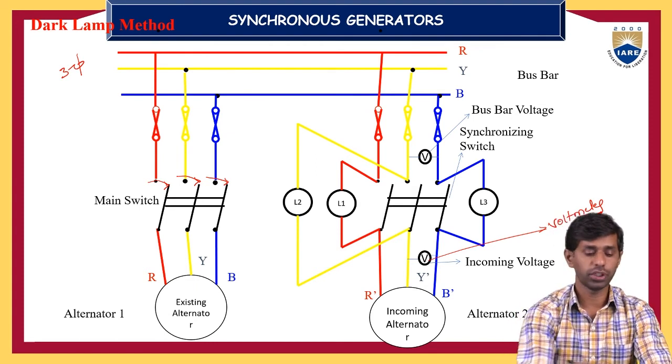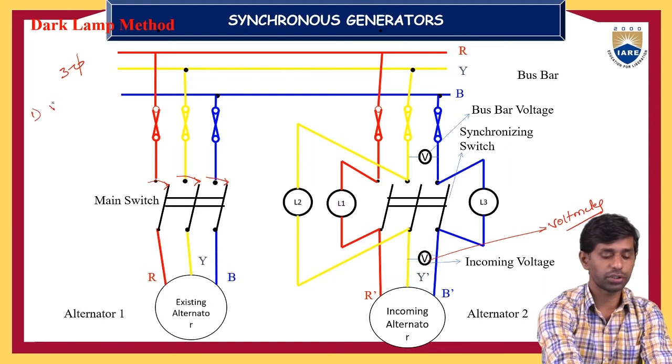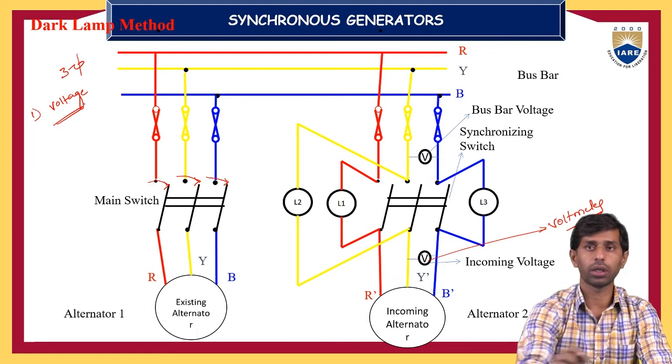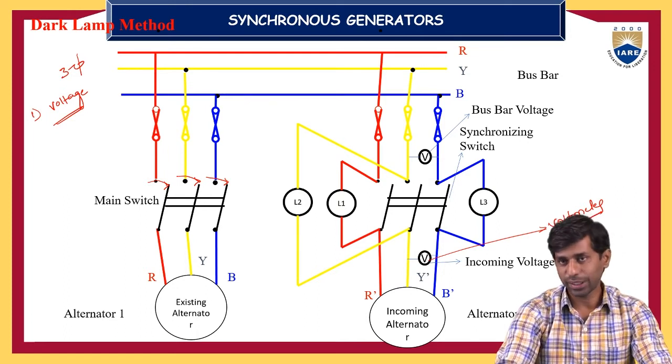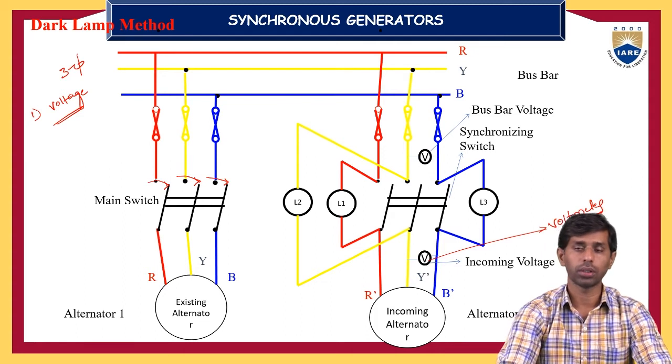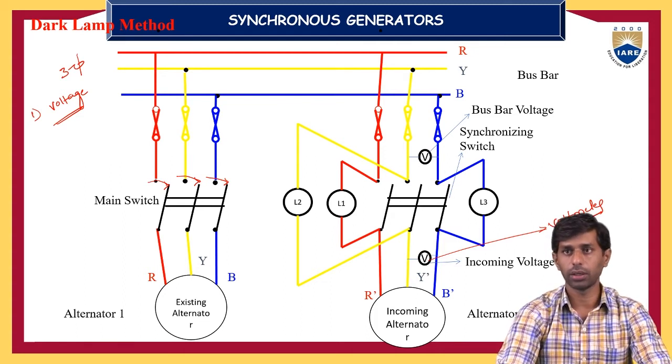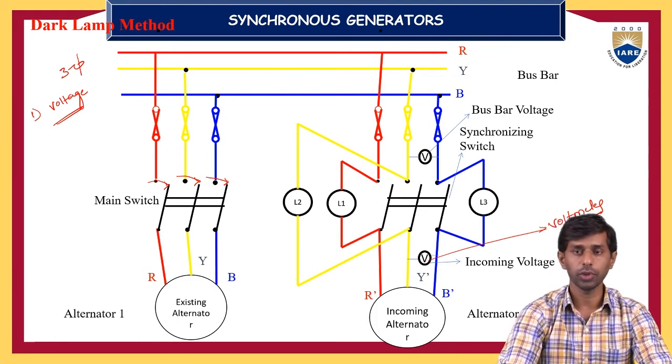First condition, condition 1: check voltage. The magnitude of voltage of the bus bar and your incoming alternator output line voltage should match. Once it is satisfied, then go to the phase sequence as well as the other conditions.